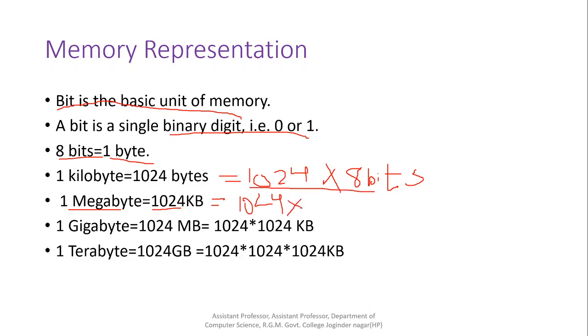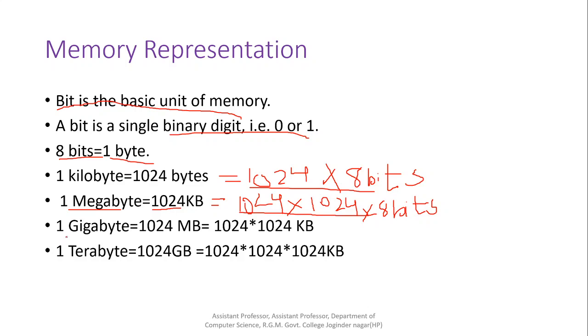Multiply by 1024, multiply by 8 bits. So 1 megabyte is equal to this number, if you multiply it out.